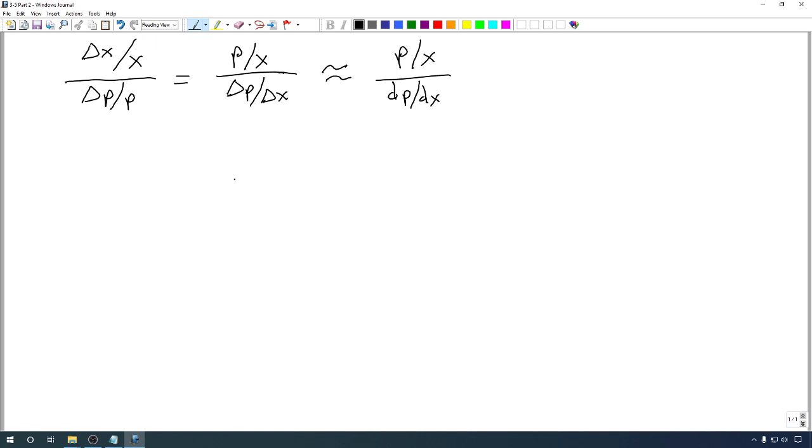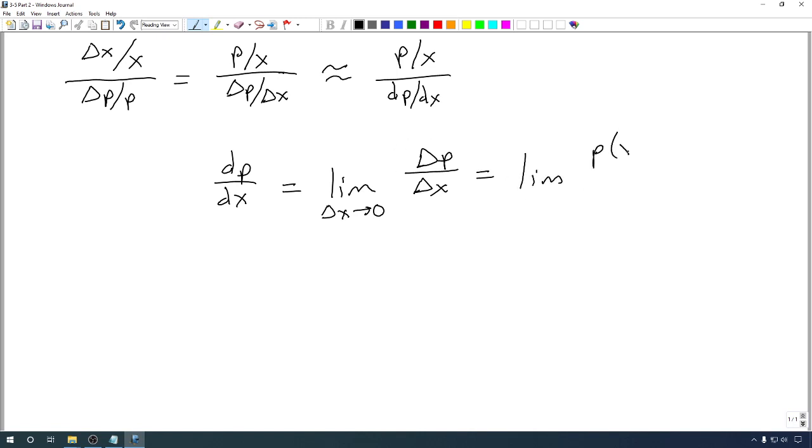Remember that's exactly what the derivative means. dP dx literally means the limit of the change in P over change in x as the change in x goes to 0. If we were to write out the change in P, that would be P of x plus delta x minus P of x, and the bottom is still just delta x.